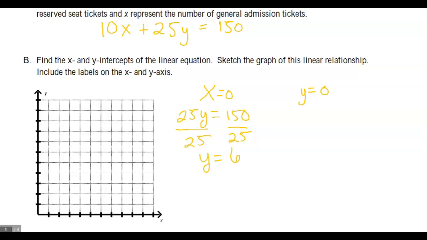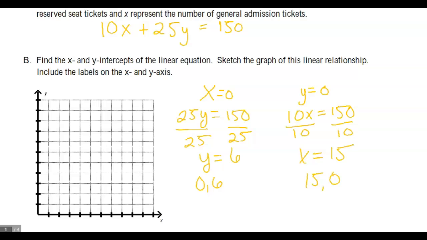Over here, when y equals 0, then 10x equals 150. Remember from yesterday, you're doing this problem twice, each time eliminating half of the problem. Divide by 10. X equals 15. So if I write these as ordered pairs, I have (0, 6), and I have (15, 0).